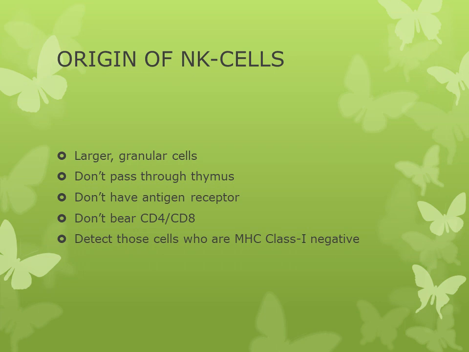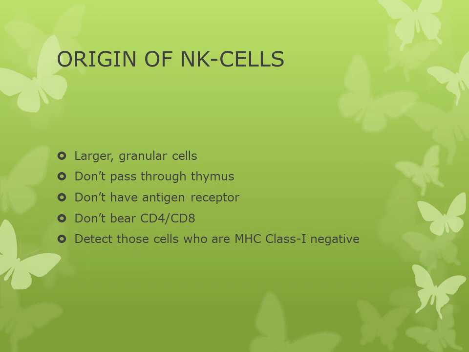These are a few important points regarding the origin of the natural killer cells, or NK cells. These are large granular cells which do not pass through the thymus, do not have any kind of antigen receptor, and do not bear CD4 or CD8 proteins. Natural killer cells detect those cells which are negative for class 1 major histocompatibility complex, that do not display MHC type 1.